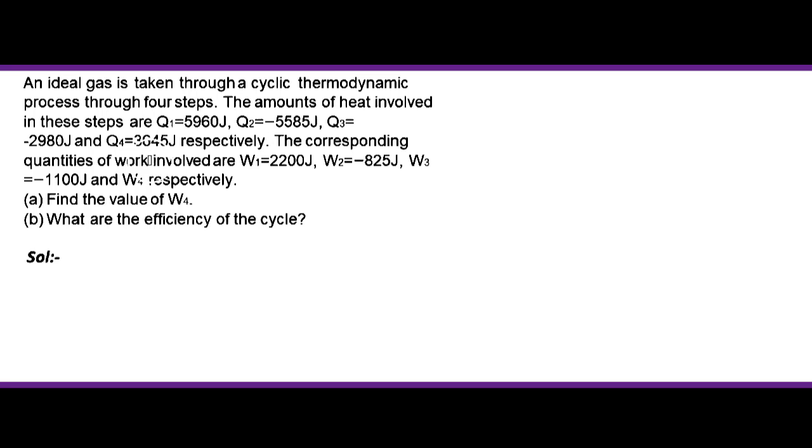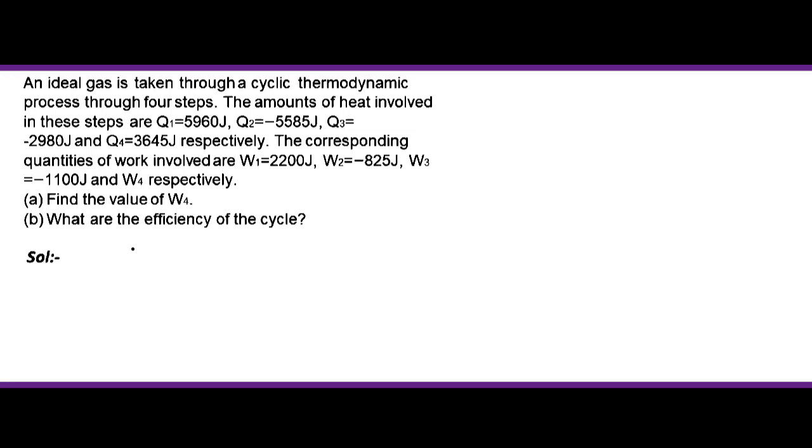The corresponding quantities of work involved are W1, W2, and W3 or W4. Okay, so in first part I have to calculate value of W4 and in second part we have to calculate efficiency of the cycle. ओके तो चार पाथ हैं. ओके तो चारों पाथ की क्यू मेरे को गिवन है, तीन पार्ट में वर्क इन्वॉल्व गिवन है और चौथे पार्ट में मेरे को वर्क इन्वॉल्व कैलकुलेट करना है.